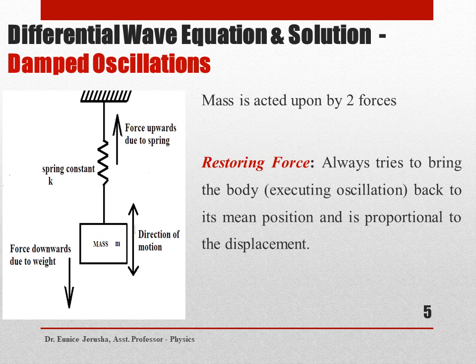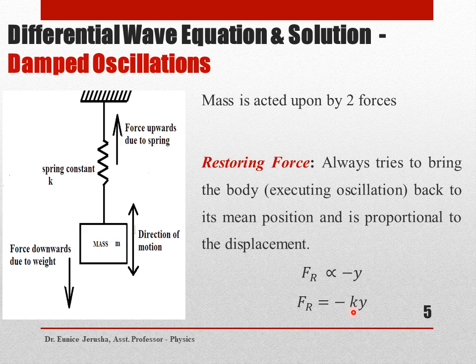The first force is the restoring force, which always tries to bring back the body to its mean position and is proportional to the displacement. It is denoted by Fr, and Fr is proportional to the displacement small y. On removing the proportionality sign, we bring in a proportionality constant denoted by small k.